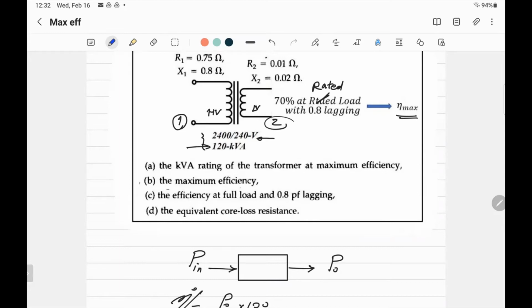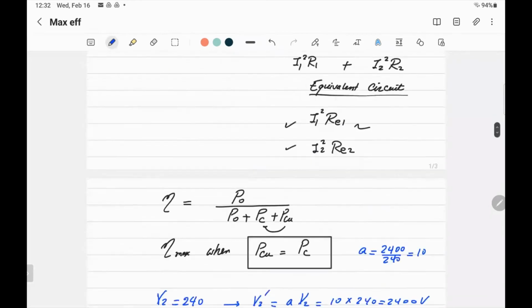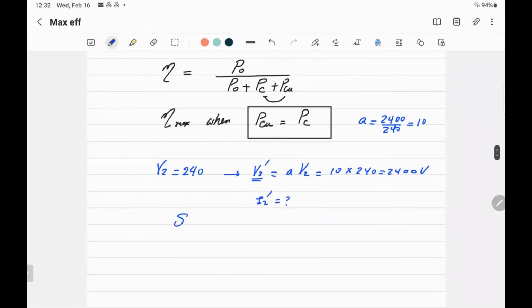You divide S by V, because S is equal to V times I. So at rated load, the voltage is equal to V2 and I is equal to I2 rated, the rated value.